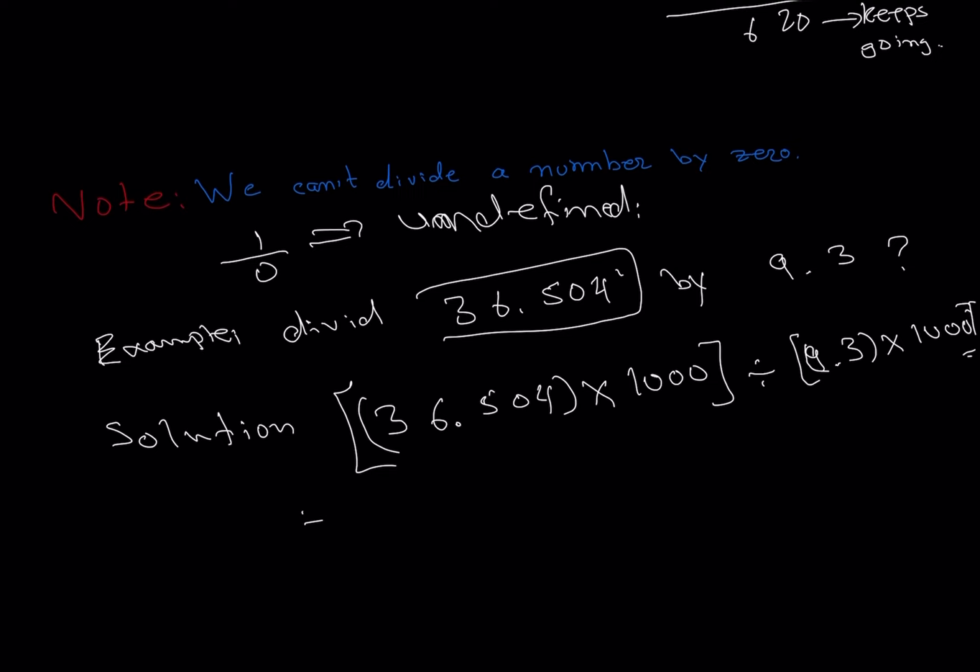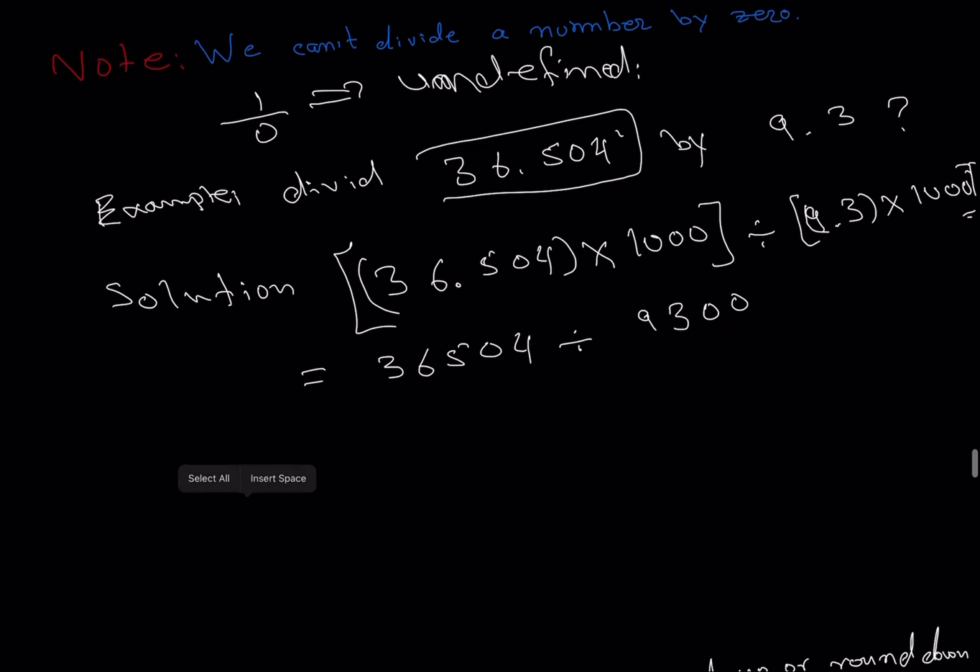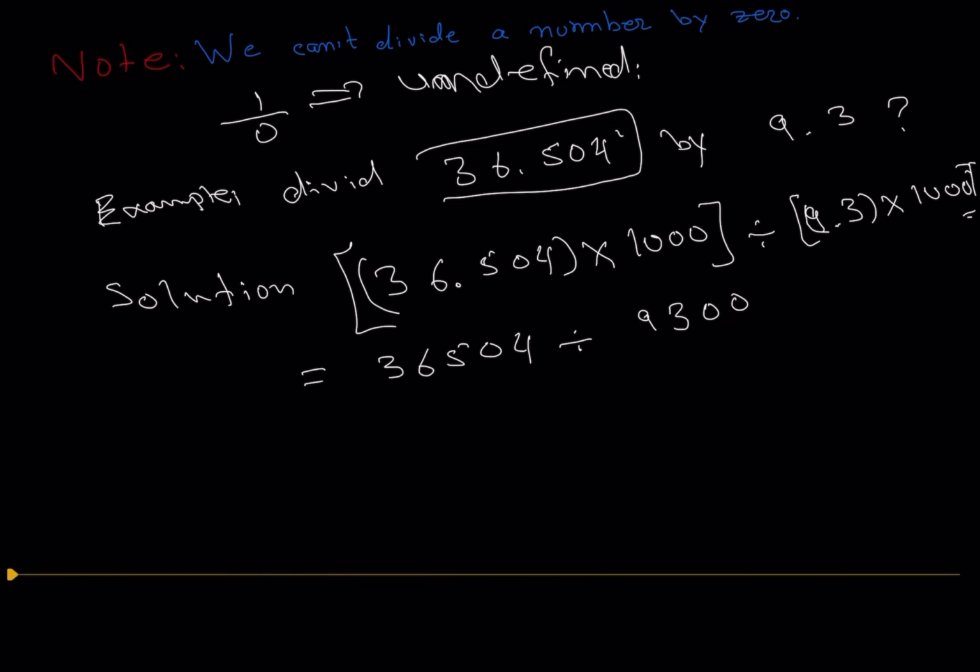So what we will get here is 36,504. We will get rid of these decimals. That will be divided by 9.3 multiplied by 1000, where we add 2 zeros, so 9,300. Yeah, so this will be the simplified section of it.